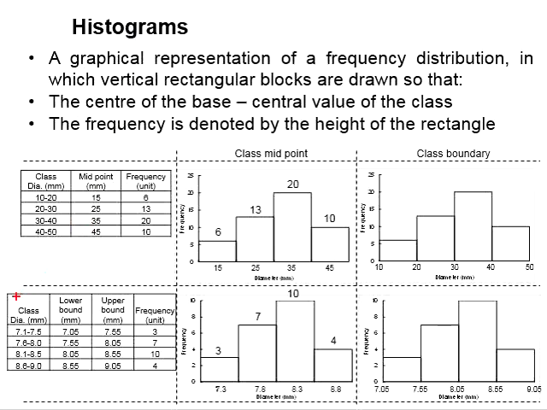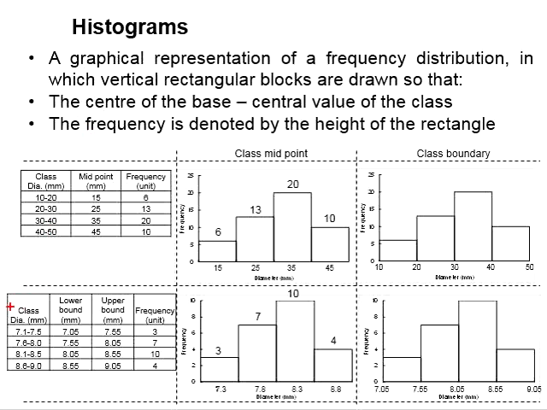Sometimes you encounter classes where the ranges within the classes are not overlapping. Taking this as an example, 7.5 is at the end of the first class, while at the start of the second class it is 7.6.